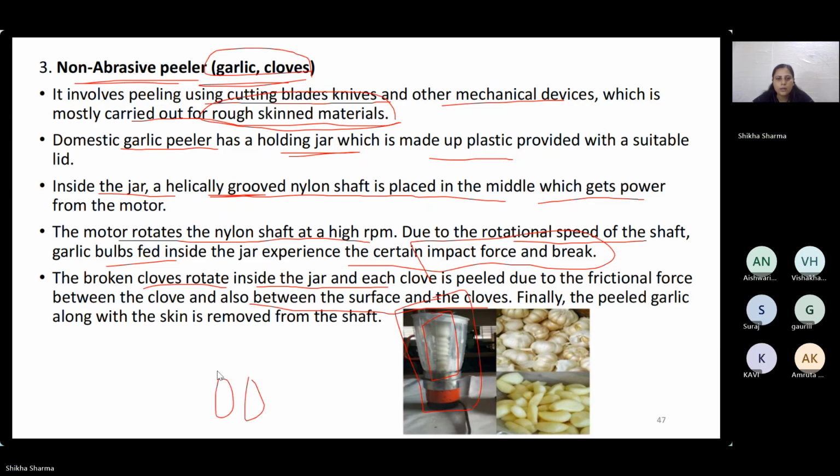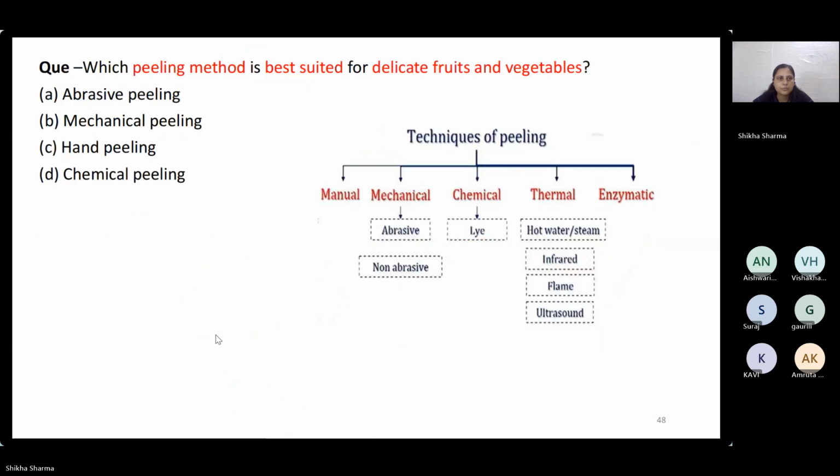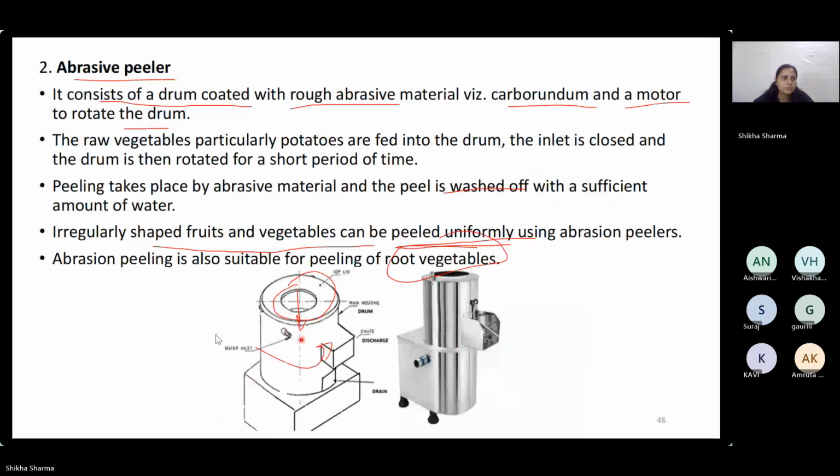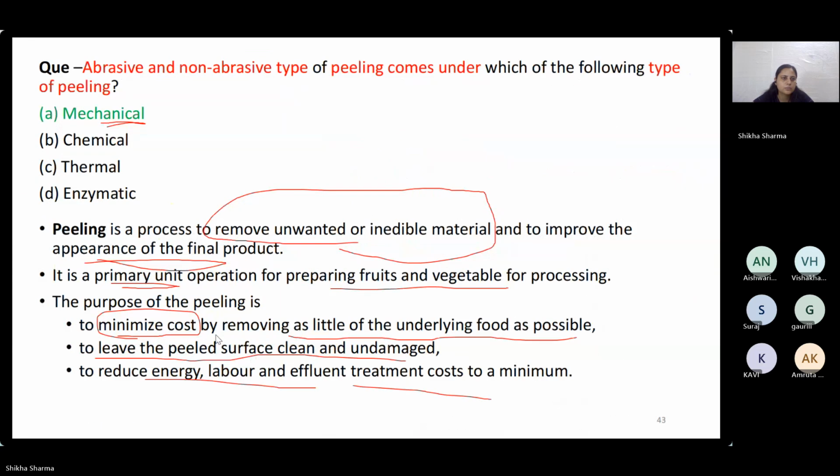They will have some impact and forces, and with the surface also they'll have impact force. So because of this motion and these forces, the peeling is carried out. So this abrasive and non-abrasive peeling comes under mechanical.